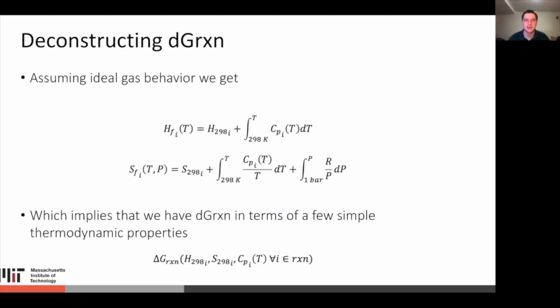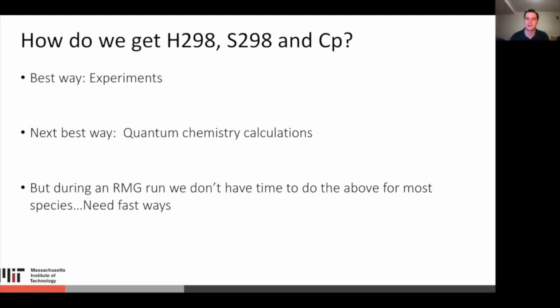If we assume ideal gas behavior, which we generally do for the first step in terms of estimating this, and then add corrections after that, we can relate the enthalpies and entropies of formation of these individual species to their values at 298 Kelvin and also the heat capacities at constant pressure. And in general, this lets us get the Gibbs energy of reaction in terms of those three properties for each species.